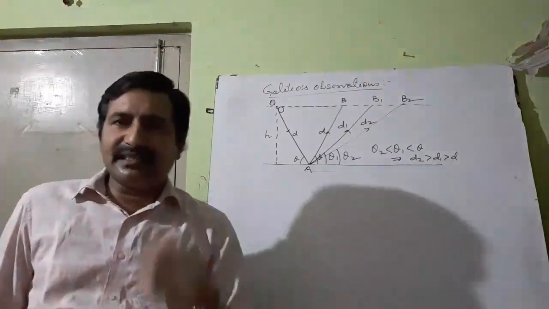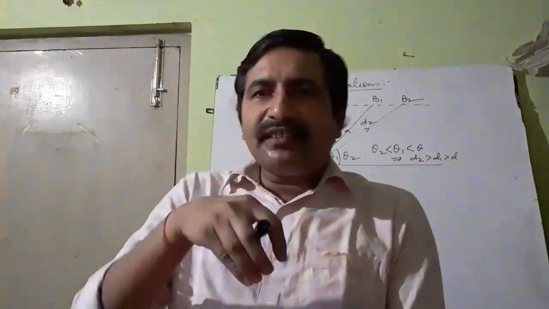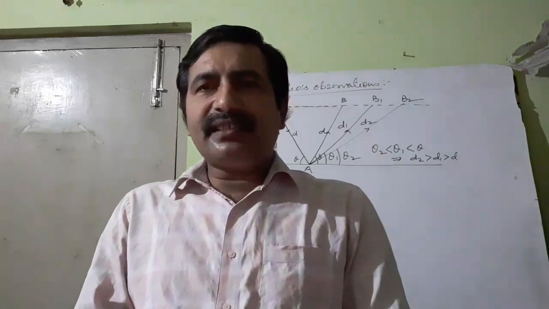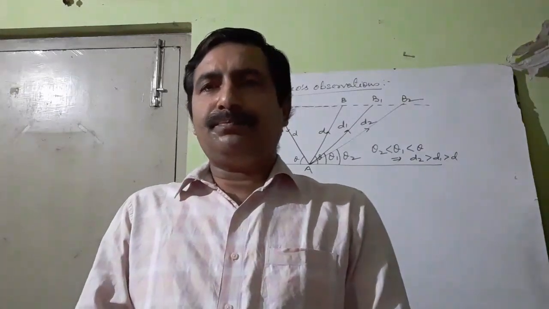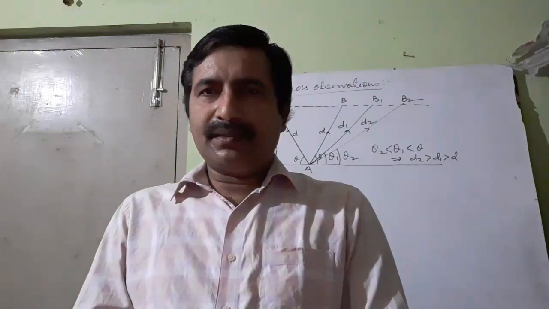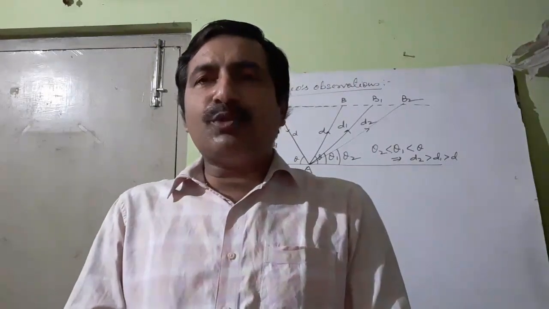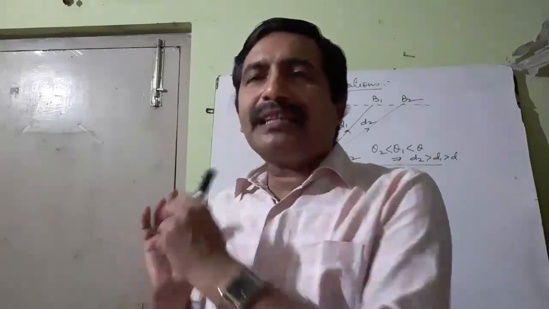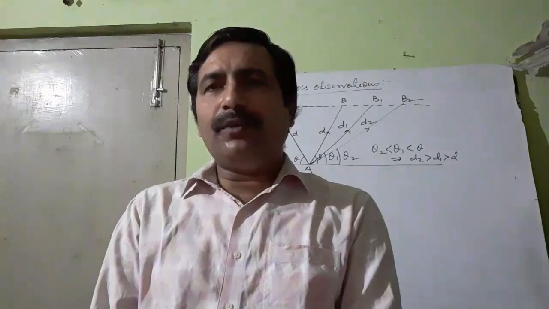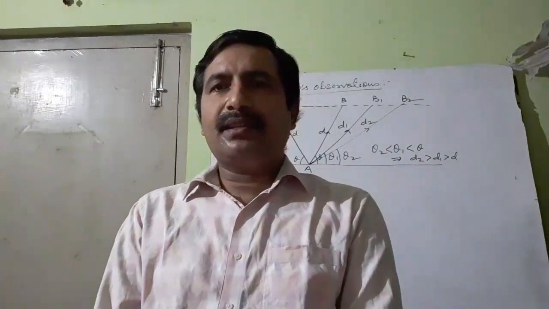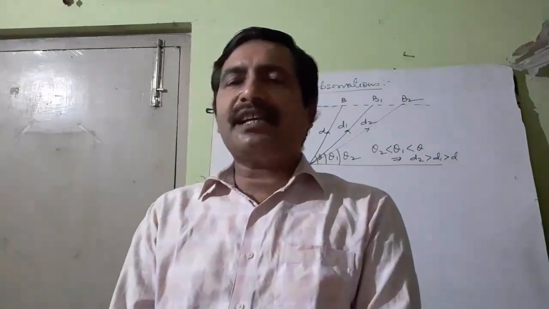Let us take another example. If a ball is kept on the table, you can easily observe that the ball never starts moving by itself, but it will start moving if you apply some external force. So these were the observations made by Galileo. You can also observe all these facts by performing an activity at your home.